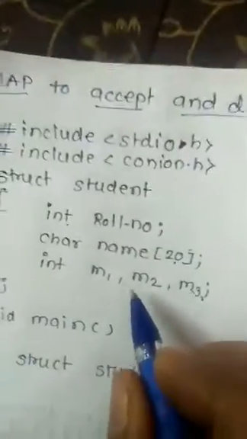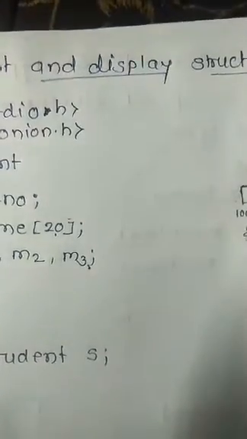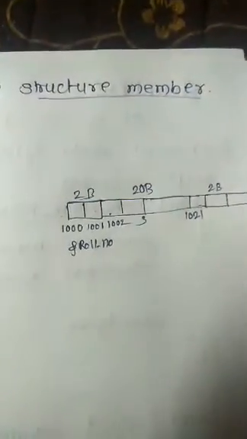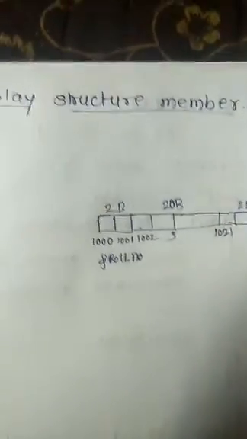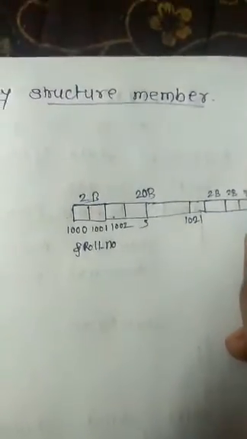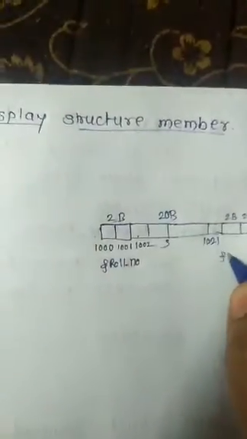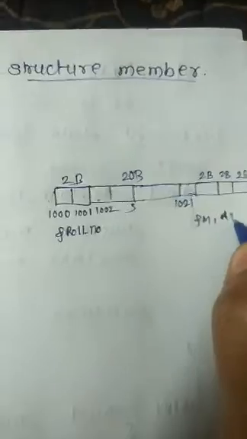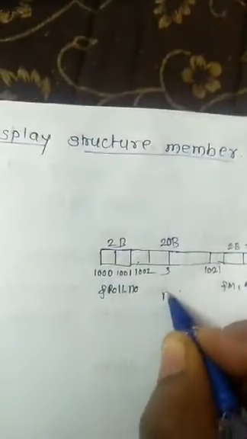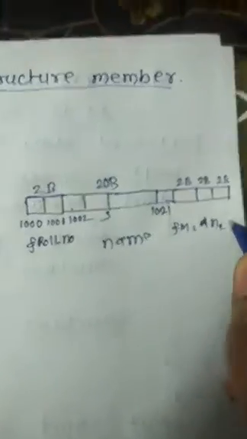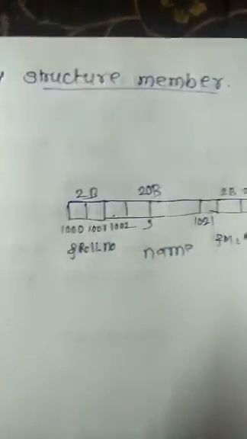Then I declare M1, M2, M3. The address of M1 takes 2 bytes, the address of M2 takes 2 bytes, and the address of M3 takes 2 bytes of memory.